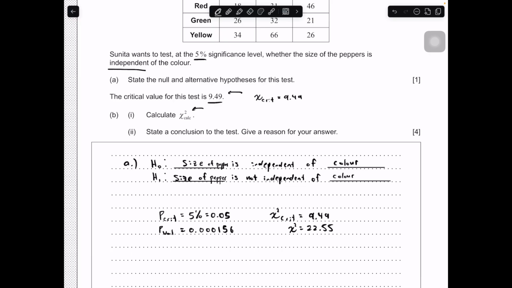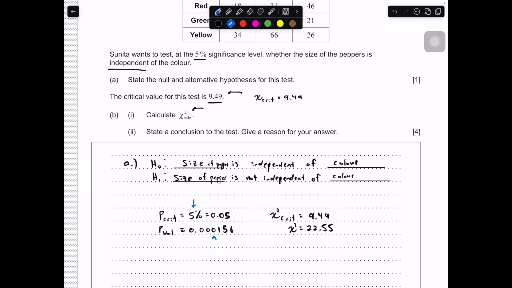Okay, so what do we want to do? Do we reject or accept the null hypothesis? There's two different measures we can use, and they're both equal to one another. Looking at the p-value, we have a 5% significance level, and this 5% significance level is in some sense our arbitrary cutoff point. It's the level of assurance that we would need to either accept or reject the null hypothesis. In this case, our p-value, that is to say the probability in some sense that the null hypothesis is true, is super, super small.